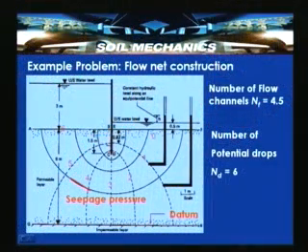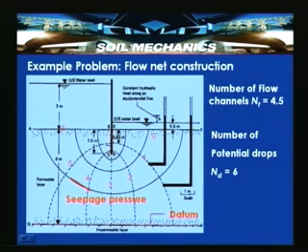Then by constructing flow nets, how can we estimate the discharge? For that the methodology has to be built, and we need sufficient knowledge about constructing a flow net. Here AB is represented as an equipotential line; if a certain datum is there, then that is the head available.